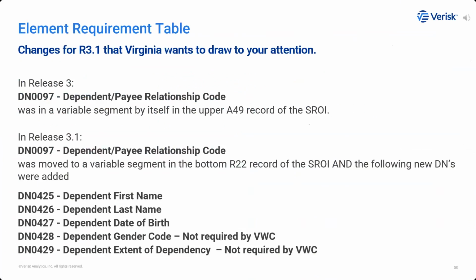There have also been some changes regarding dependent payee relationship information with Release 3.1. In Release 3, DN0097, Dependent Payee Relationship Code, was in a variable segment by itself.